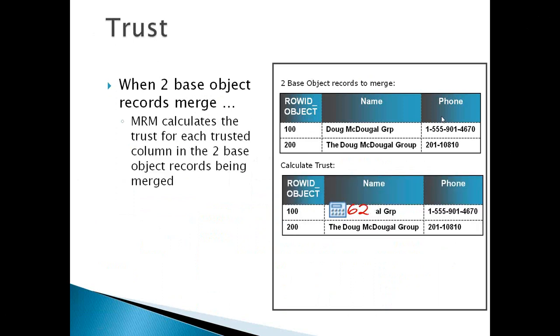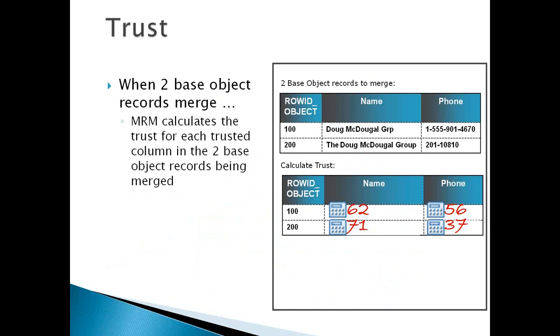Now when I ran the match process, MDM identified that both records are duplicates. 100 and 200 are duplicate records and they need to be merged. So MDM will calculate the trust. Suppose that on the name and the phone number, trust is enabled, and you have given some numbers: minimum trust, maximum trust, decay period, all those things.